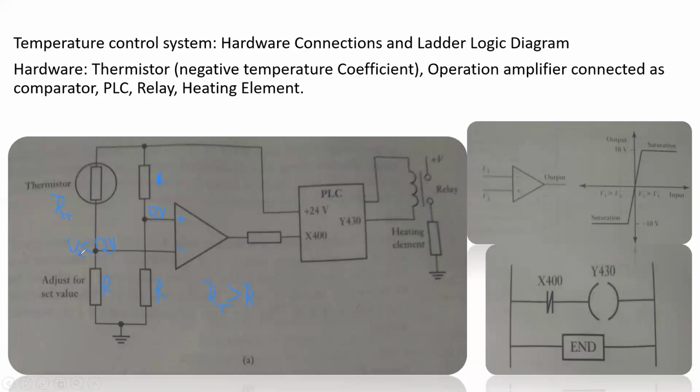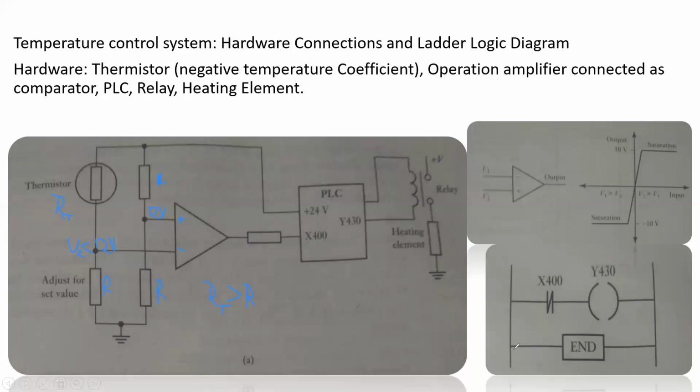And when V2 becomes equal to 12 volt, any further increase in temperature means that V2 will become less than 12 volt. And as soon as V2 becomes less than 12 volt, the output from the comparator will go from low to high. And as soon as the output goes from low to high, X400 will go to high.